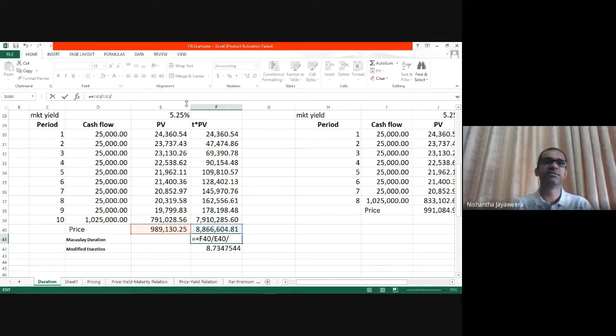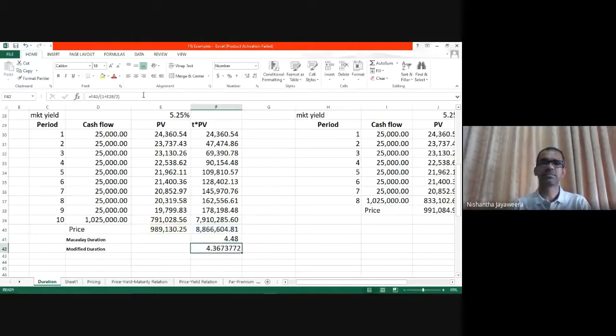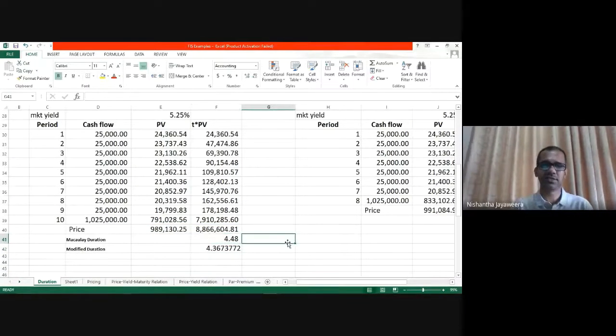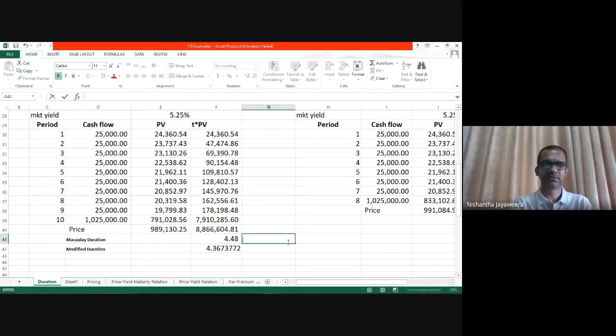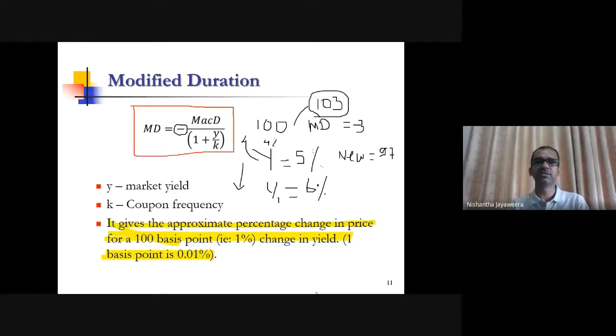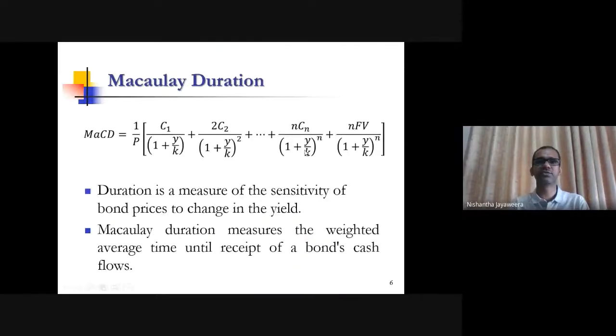Then you get 4.48 years. The answer is in years. So remember, you have to divide that by the coupon frequency.